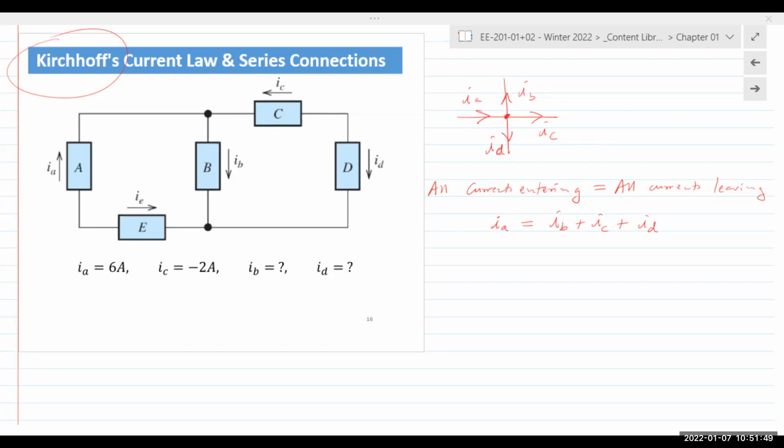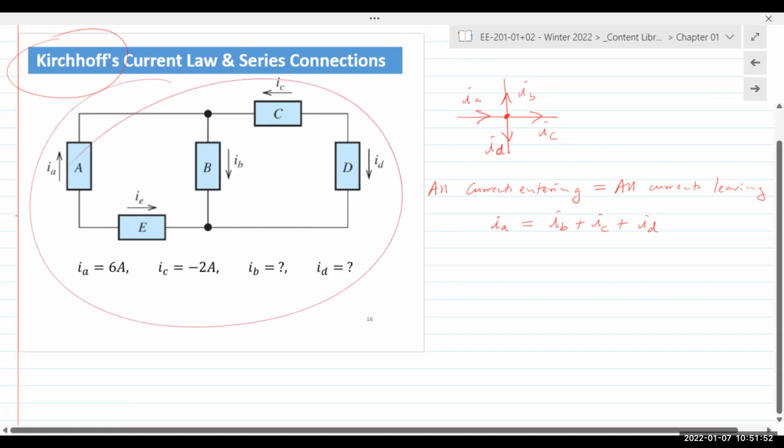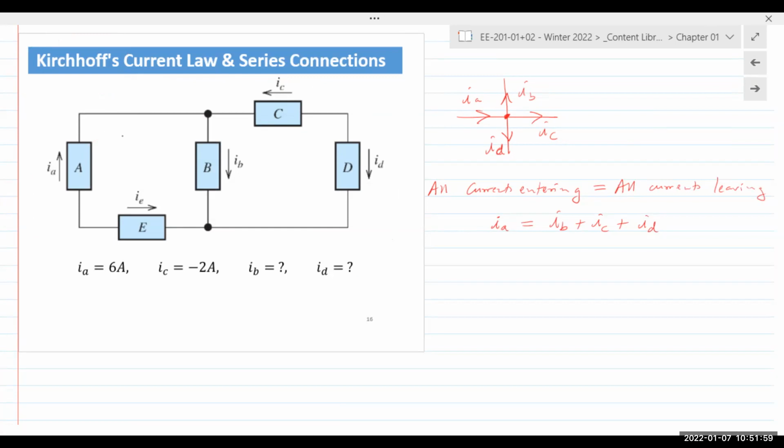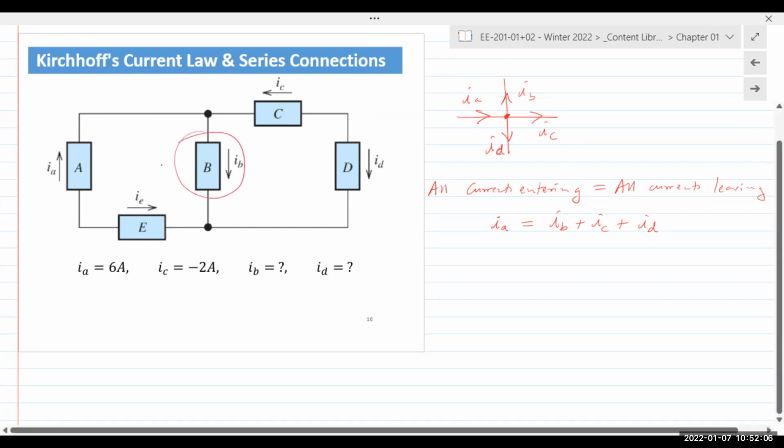So let's look at the example that's in the slide now. Since the question is being asked right here, let's deal with IB. IB is the current that's passing through element B. So I can apply KCL either at the top or at the bottom. Let's call this node 1 and this node 2.